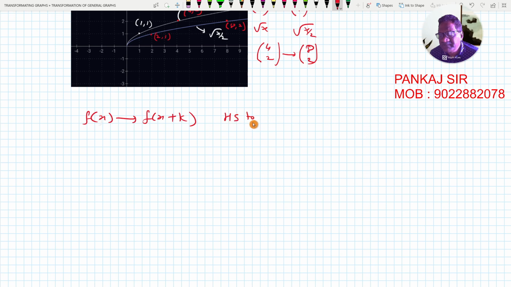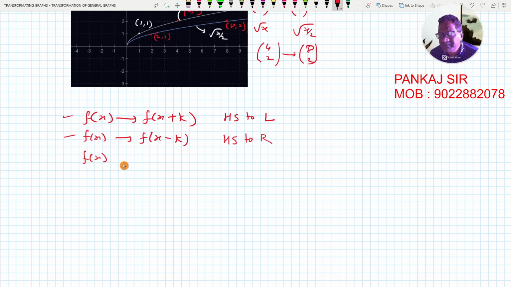Since it is plus k, it will go in the opposite direction, that is left. And if it is f of x to f of x minus k, then since it is getting subtracted, the graph will be shifting in the horizontal direction, a horizontal shift to the right. This is 1, this is 2.